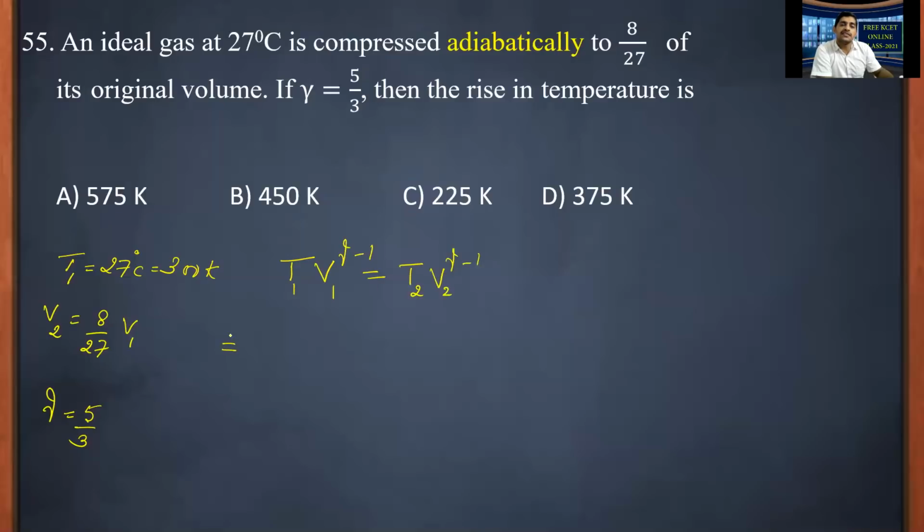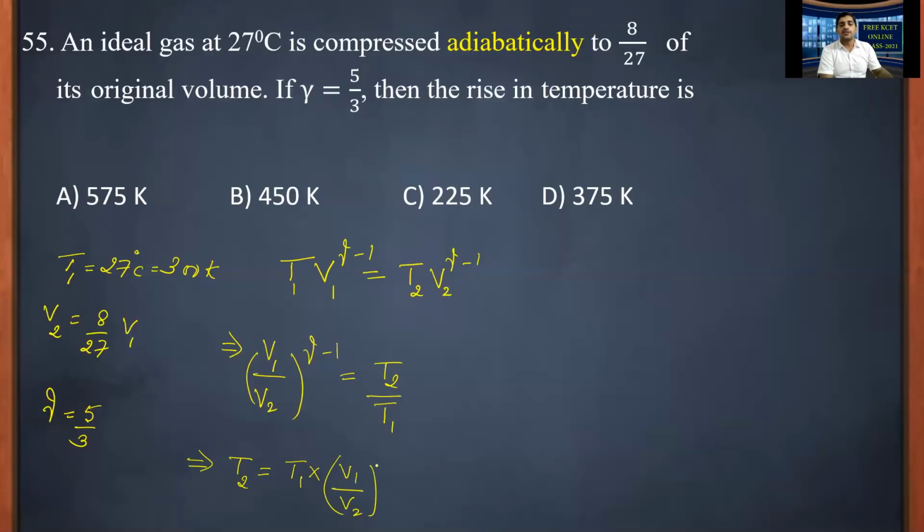I can write it as V1 by V2 whole raised to gamma minus 1 is equal to T2 by T1. That implies T2 is equal to T1 into V1 by V2 whole raised to gamma minus 1. Right?